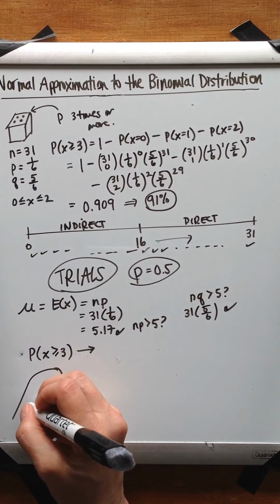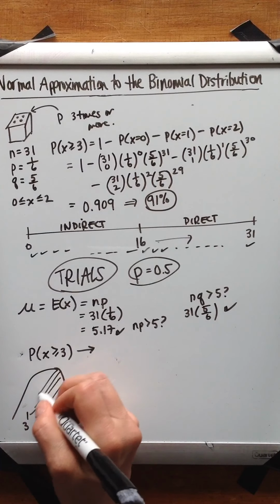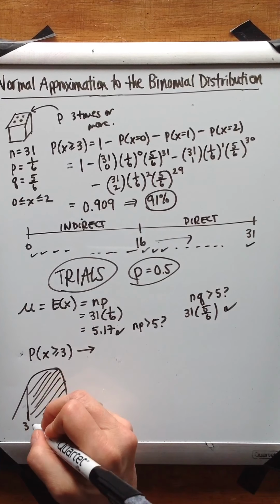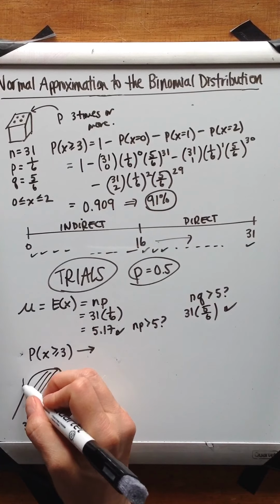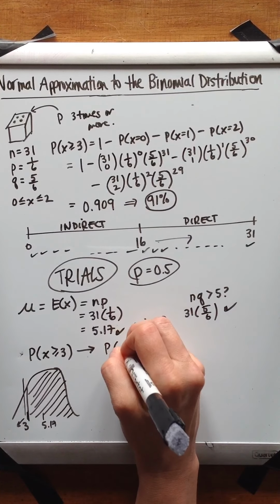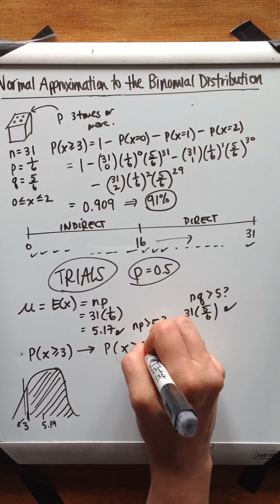If we want to find the area of the curve that is greater than 3, and we want to include that number 3 in that area, we can't start after the 3 because it won't be included. We're going to have to start before the 3, which means we're going to have to start a half unit less, which means that we're going to have x being greater than 2.5.